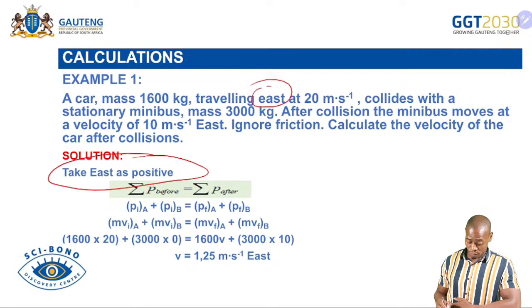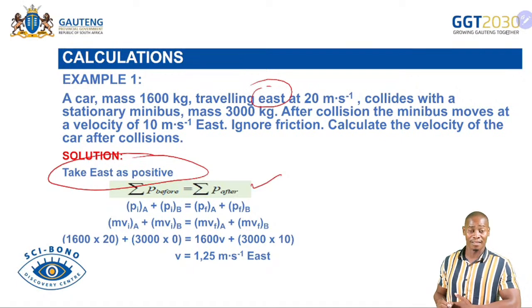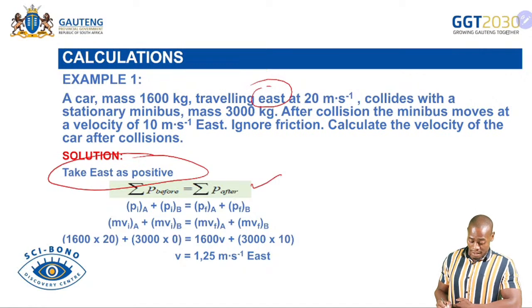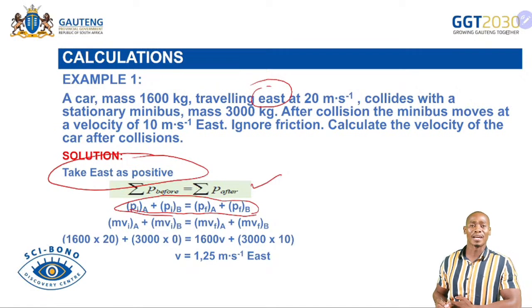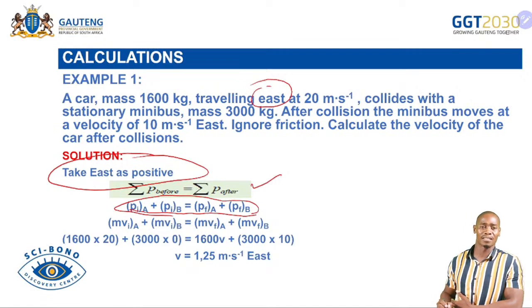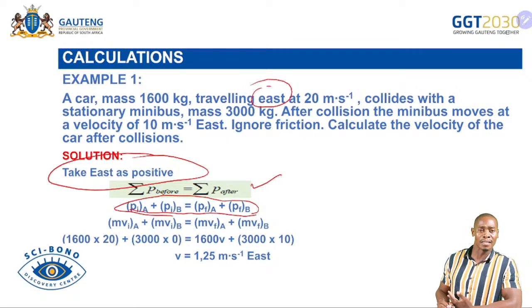So sum of momentum before collision equals sum of momentum after collision. I'm confident enough to write this because I've checked those three conditions. Remember they're moving at different velocities before and after collision, so that is why I've expanded it like this. The reason I'm writing this is that it's not always the case that you'll be given masses and velocities.